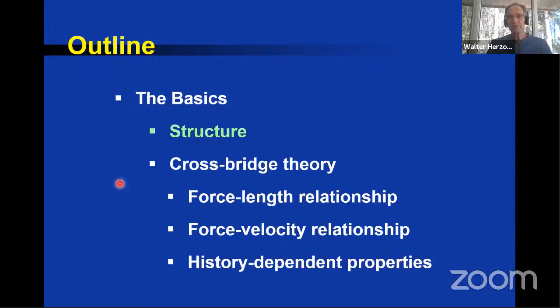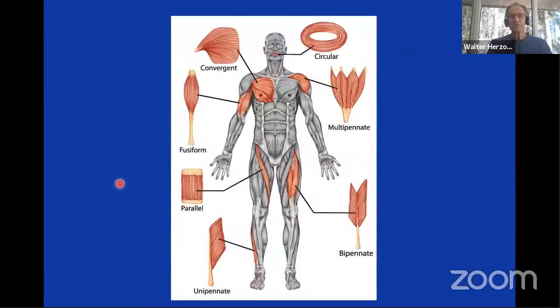So I'm going to start out with talking very briefly about the structure of muscle, just to remind everybody what we talk about. So we'll be talking about skeletal muscle, not smooth muscle, not cardiac muscle. So the muscles that you have in your arms and legs. And as you know, they come in a variety of different shapes in terms of the fiber arrangement, where we have muscles with essentially parallel fibers, and here as well, the fusiform muscles.